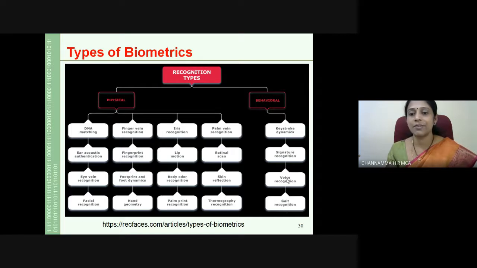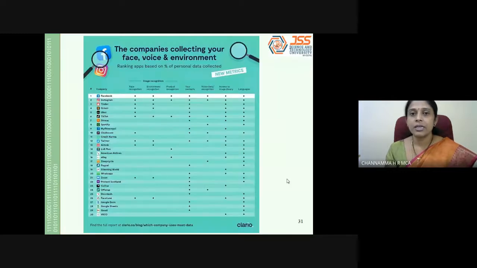Others are skin reflection, retinal scan, palm vein recognition, heartbeat, finger vein, body odor, ear acoustic, and lip movement. Each and every part of the human is unique from others, so those physical characteristics can be taken as a biometric tag to identify or recognize a person.